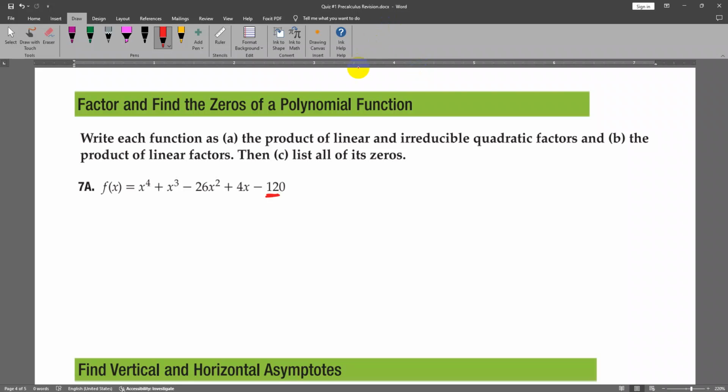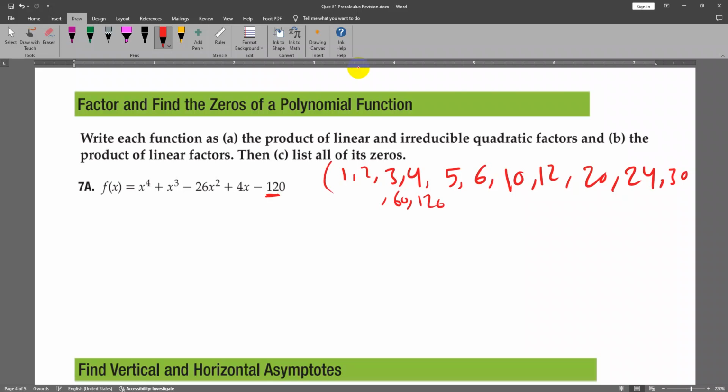So let's do it. Factors of 120: 1, 2, 3, 4, 5, 6, 8, 10, 12, 15, 20, 24, 30, 60 and 120.